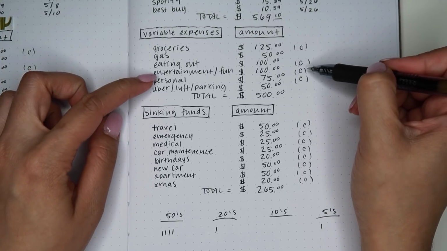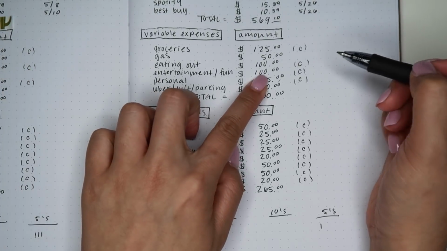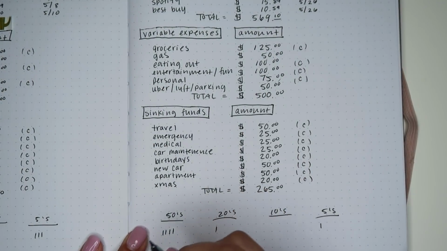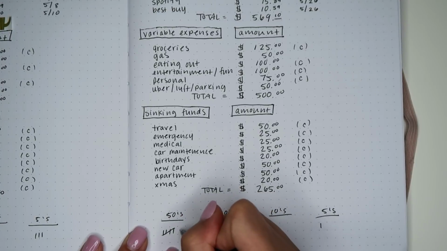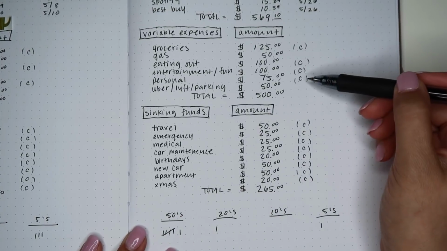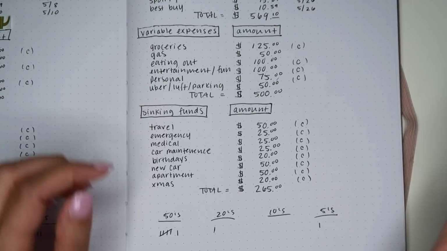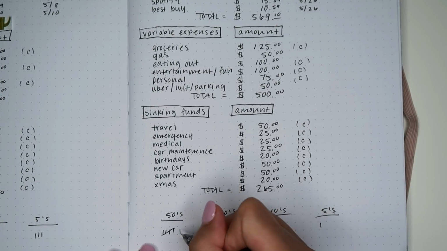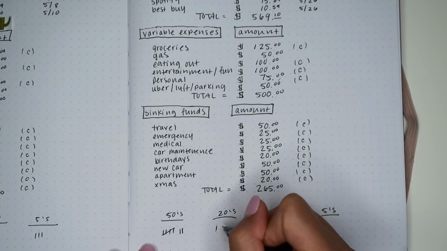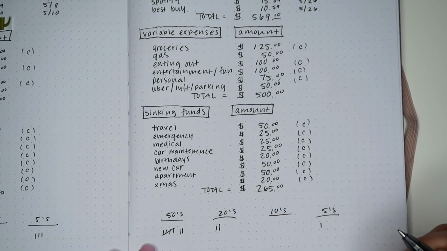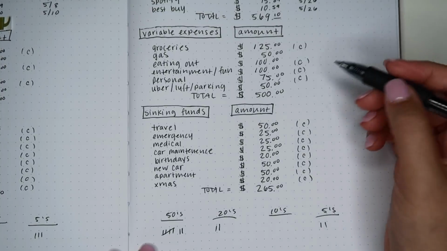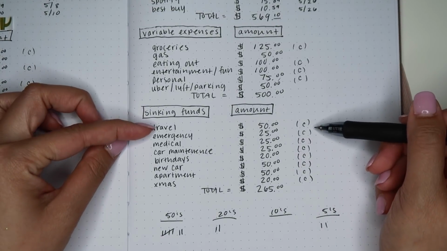And then the next one we have is entertainment and fun, which is another $100, so that's another 2 50s. Then we have personal, and personal is going to be 75, so that is going to be 50, 20, and 5.